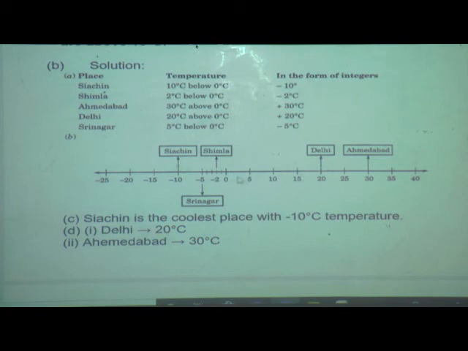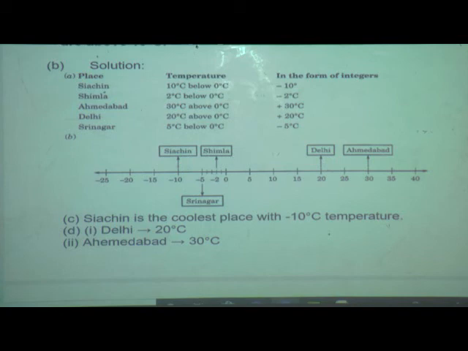The unit distance between these is 5. In the same way, on the left side we have the opposites of the positive integers. It means minus 5, minus 10, minus 15, minus 20 and minus 25. Now by seeing this, we have to mark the places according to their temperature.